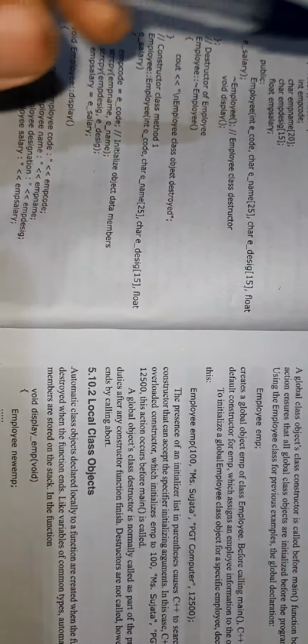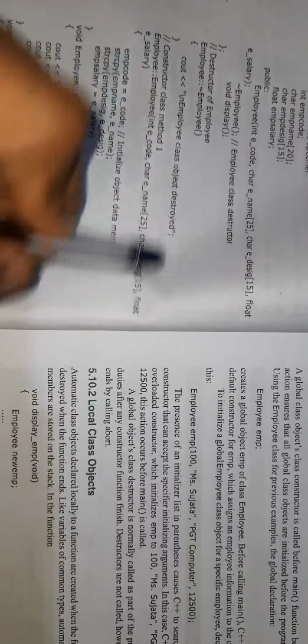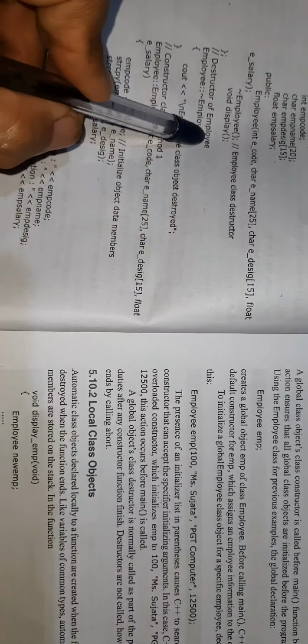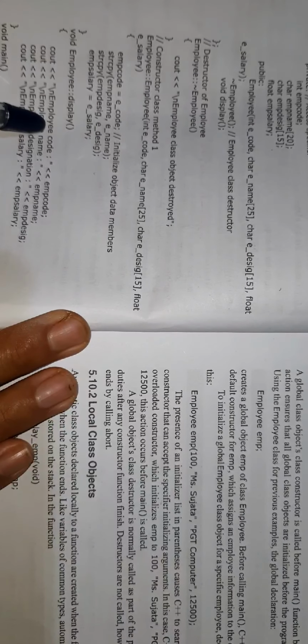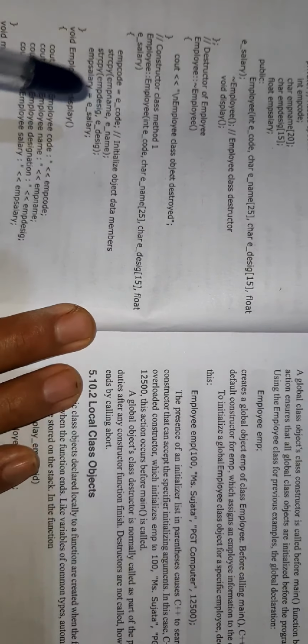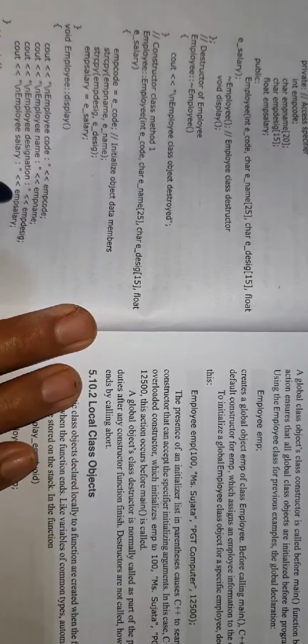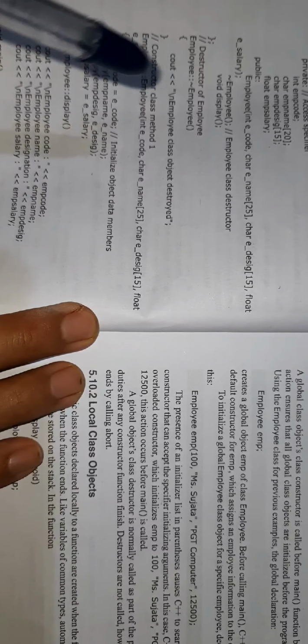The destructor gets called and invokes this cout statement, employee class object destroyed. Even if this cout statement is not there, it will vacate the memory space that was occupied by the data members, and then finally the object gets destroyed. So the object goes out of scope, and the object gets destroyed. That is the purpose of the destructor.